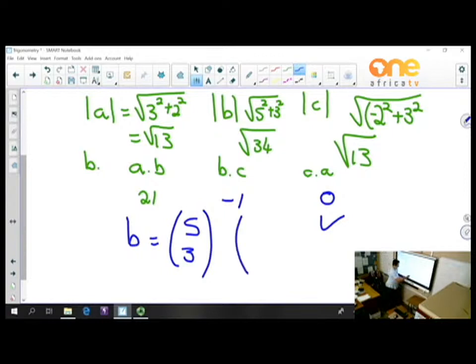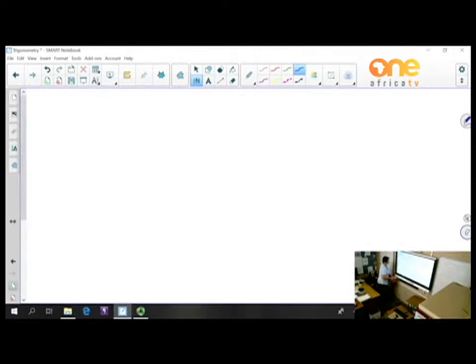It means that this vector that we're going to give us here, ii plus jj, must give us 0. Because if A dot B is 0, then they are perpendicular. So when will I get that? Negative 3, positive 5. Because then you have negative 15 plus 15, and that will give you the 0. There's more than one possibility, because this can also be positive 3 and this one can be negative 5, but that will give you that answer there.